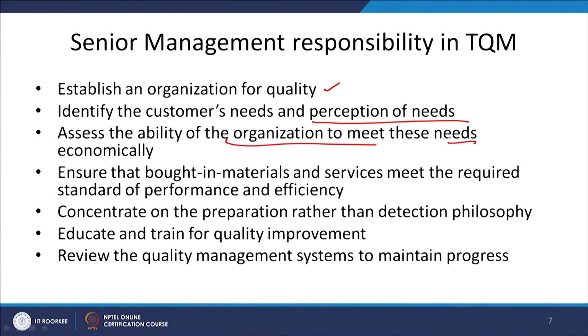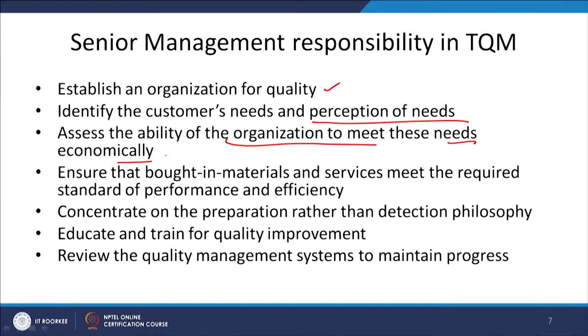That is one aspect of TQM which is not much discussed in our literature related to TQM or manufacturing excellence, but it is a very important thing about TQM: how you achieve the requirements of the customer with available resources, or in the most economical manner. So, that also is an important thing.